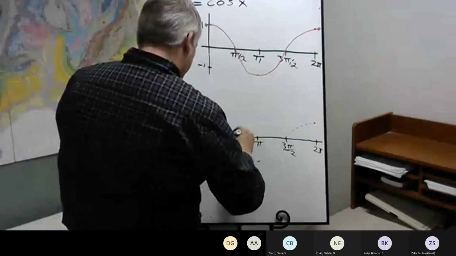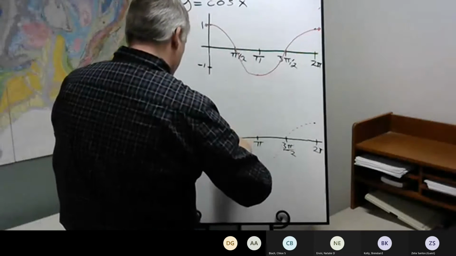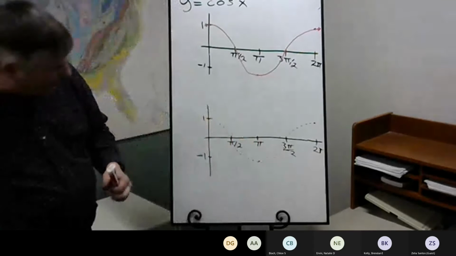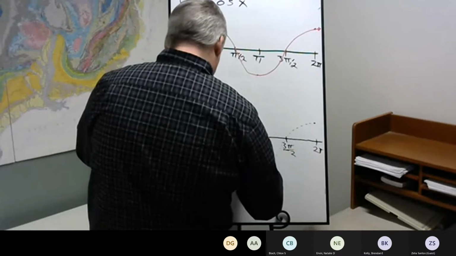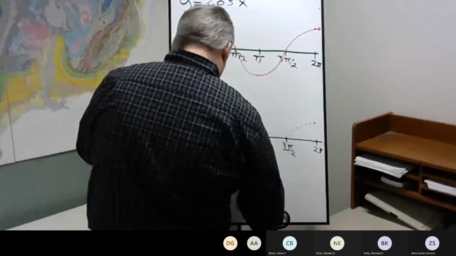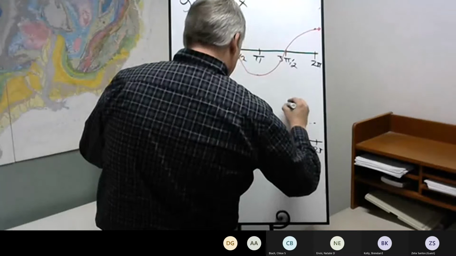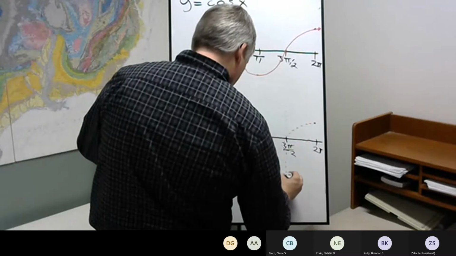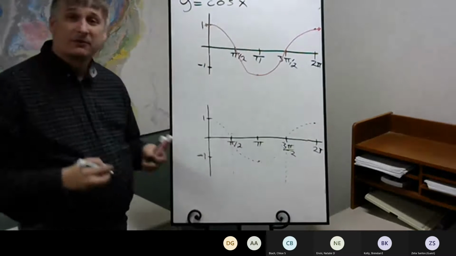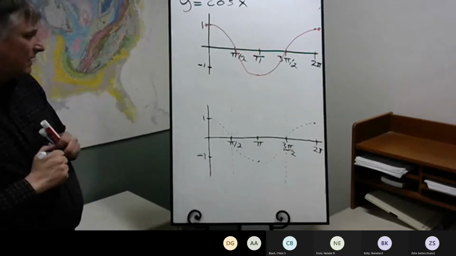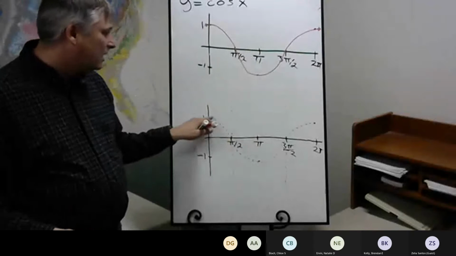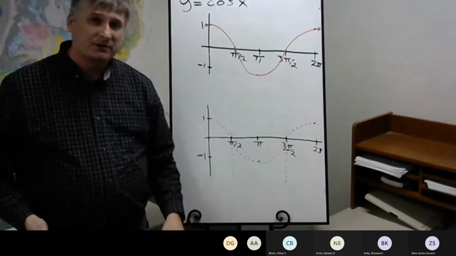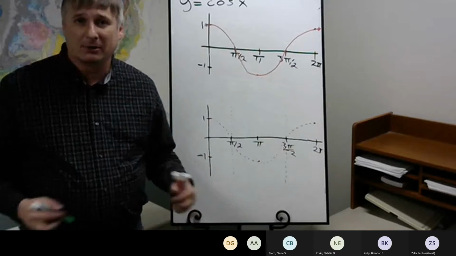And everywhere we cross that x-axis, we get a vertical asymptote. And just like sine, at the extremes of the cosine function, we're going to attach those parabolas.